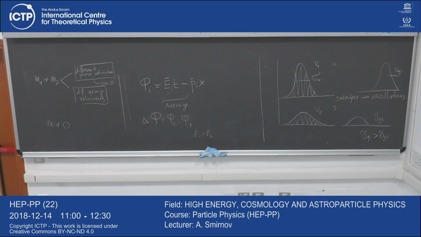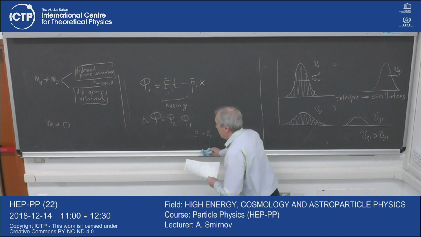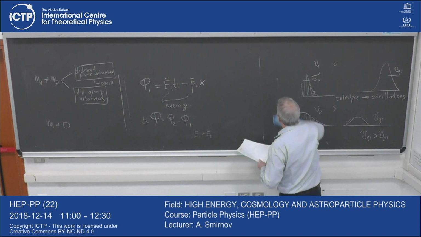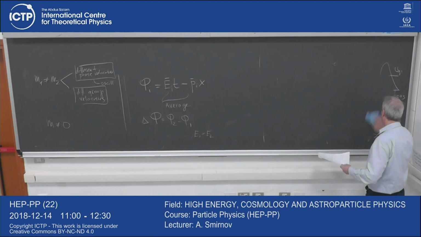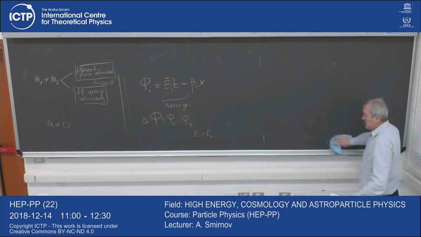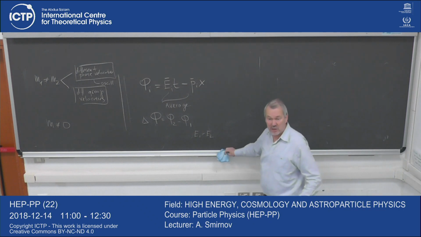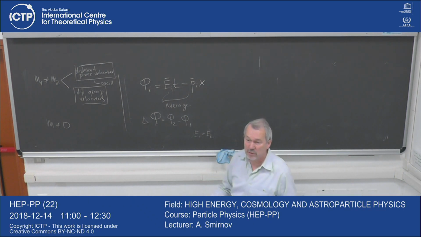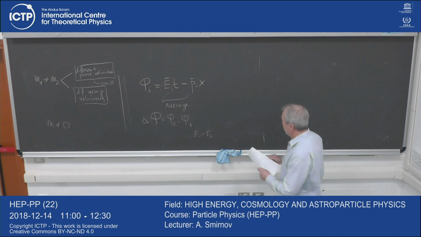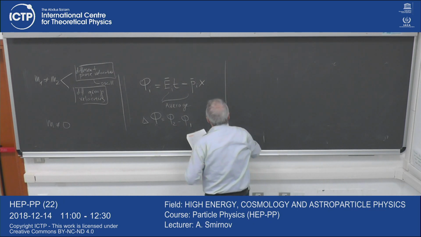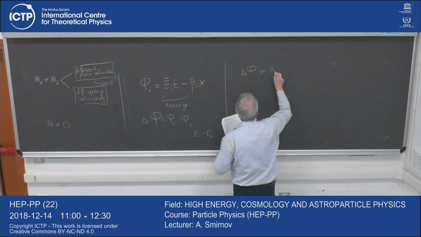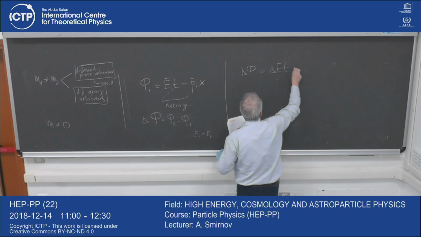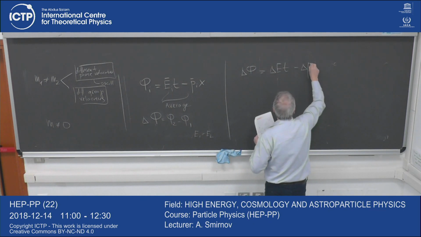So something is wrong, it looks like. For this reason I give a general consideration, where I'm not assuming equal energies or equal momenta in the two wave packets. Actually, this is determined again by the conditions of production of your wave packets, and in principle you need to compute these average energies. So delta F can be written as delta E times t minus delta P times x.